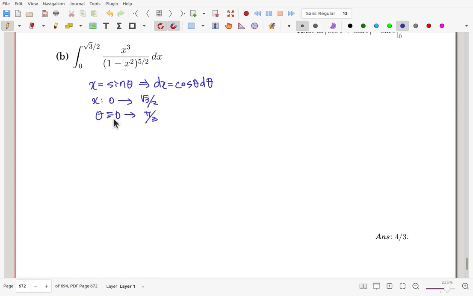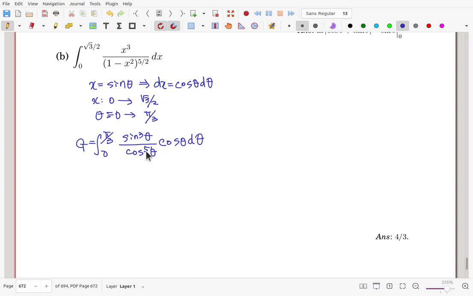Right? So here, the given integral is changed into from 0 to pi over 3, and on top is sine cubed theta, and on the bottom, 1 minus sine squared theta is cosine squared theta, so that we have the cosine fifth power of theta. And then here we have cosine theta d theta.